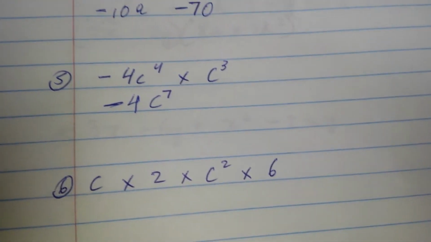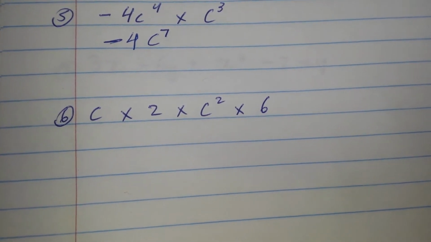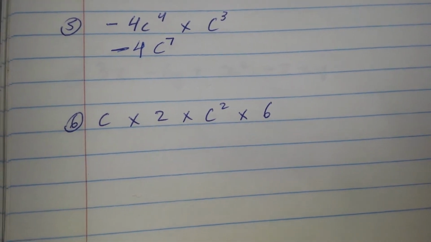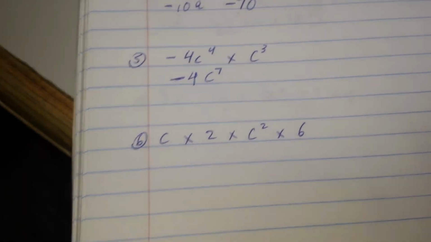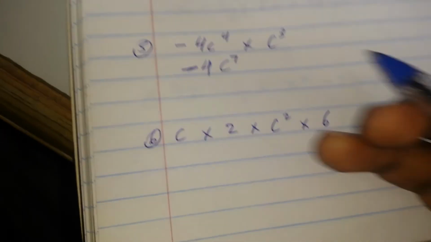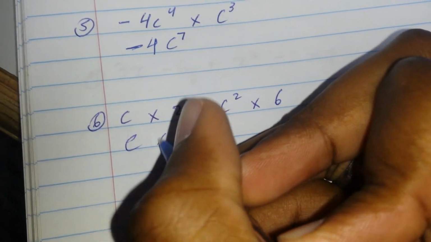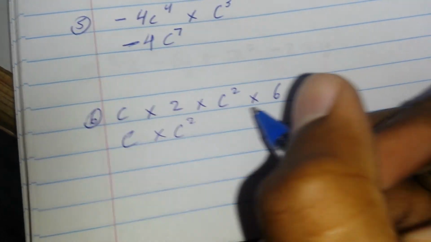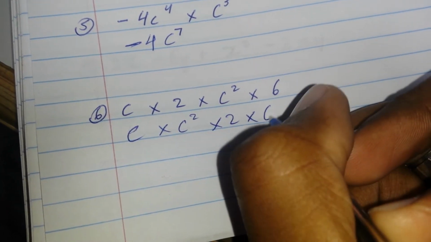Right, here we have c multiplied by 2 multiplied by c squared multiplied by 6. Mentally, if you can't do it mentally, group it on paper. So we have the c's by itself, c by c squared multiplied by 2 by 6.